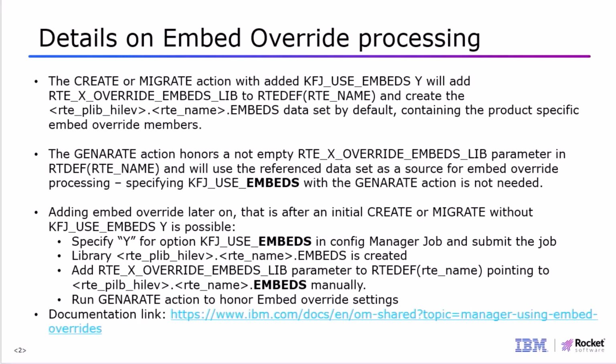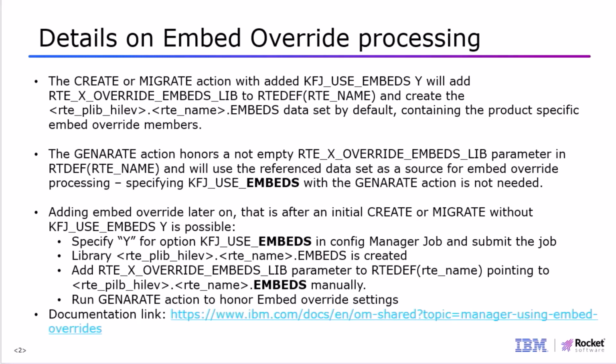Adding embed override support later on, that is after an initial create or migrate without KFJ_USE_EMBEDS set to yes, is possible. In order to do that, run the create or migrate action with KFJ_USE_EMBEDS set to yes and submit the job. The embeds library will be created for you.